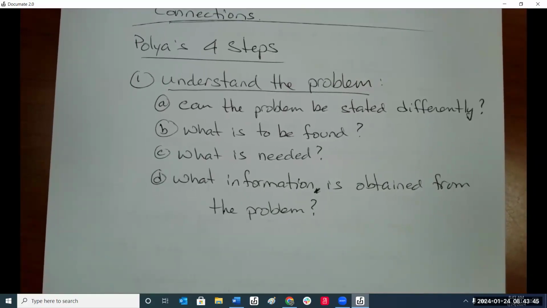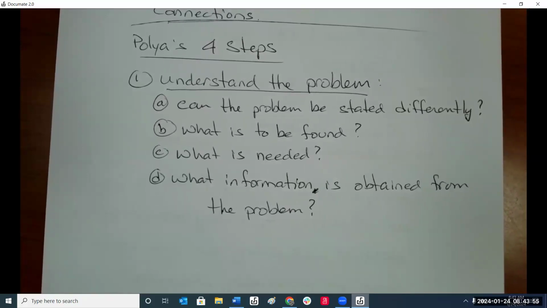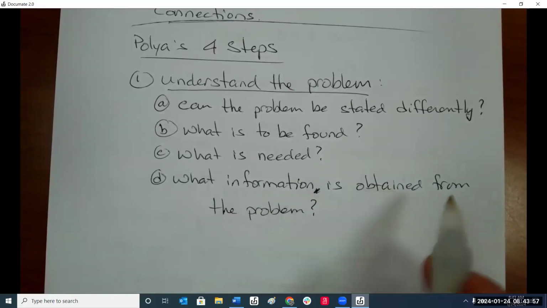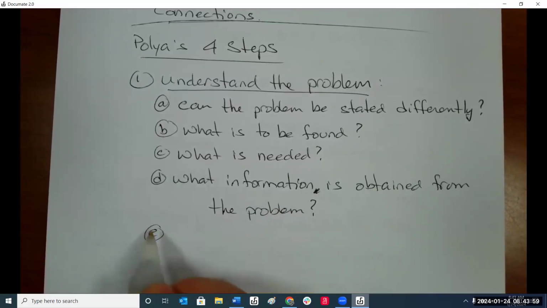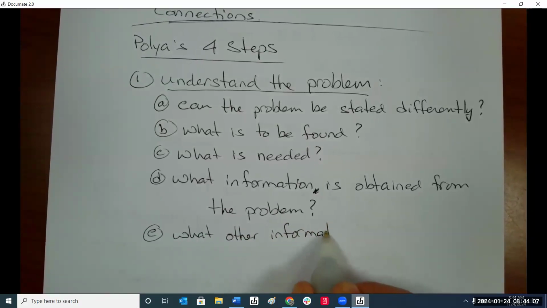What does it tell us? Because the solutions are usually always in the problem. And if anything's missing, what other information is needed?